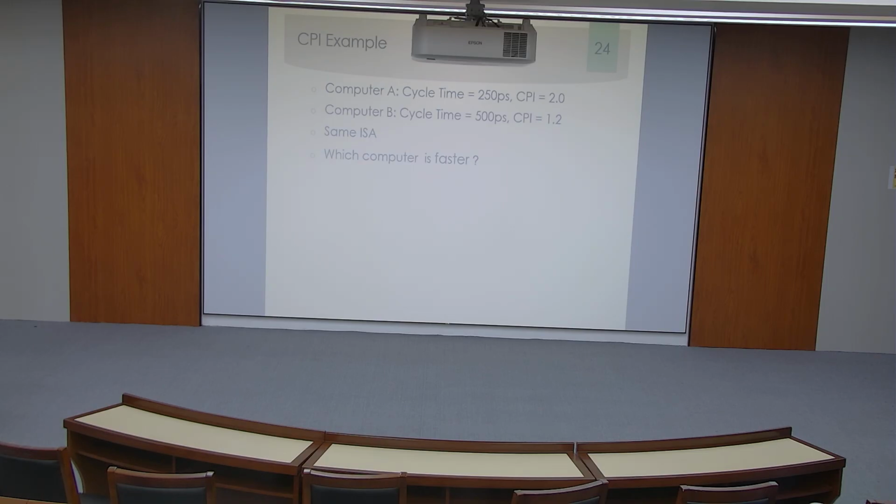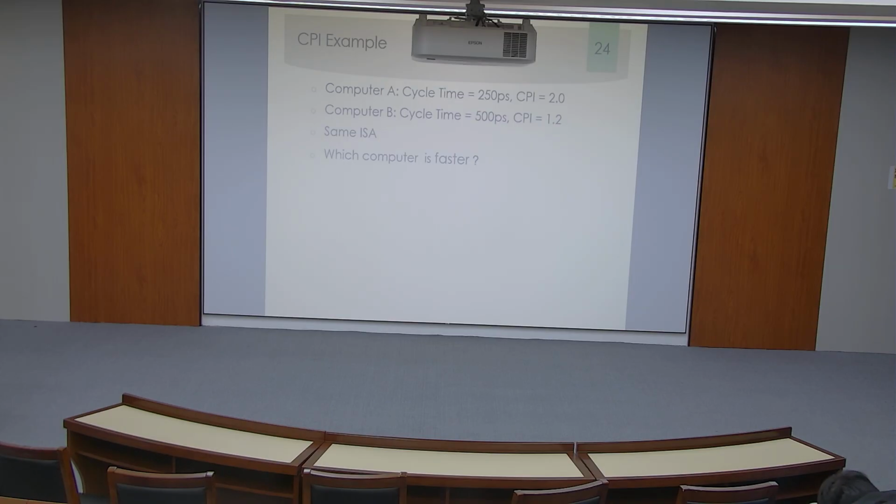Now we need to calculate the CPU time for computer B, which equals IC times 1.2 as the CPI for computer B times the clock cycle time for computer B, that is 500 picoseconds. Then we have IC times 600 picoseconds.